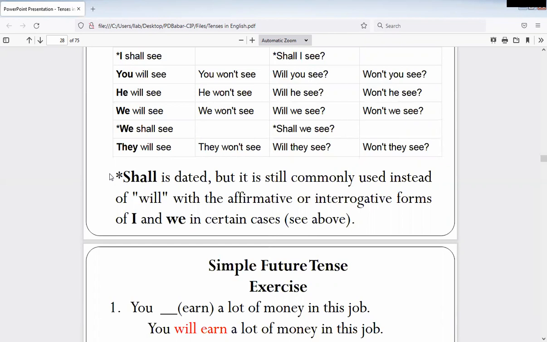Shall is only used after I and we. In the past we were using shall after I and we, but in modern time we are using will, though some people are still using shall after I and we.